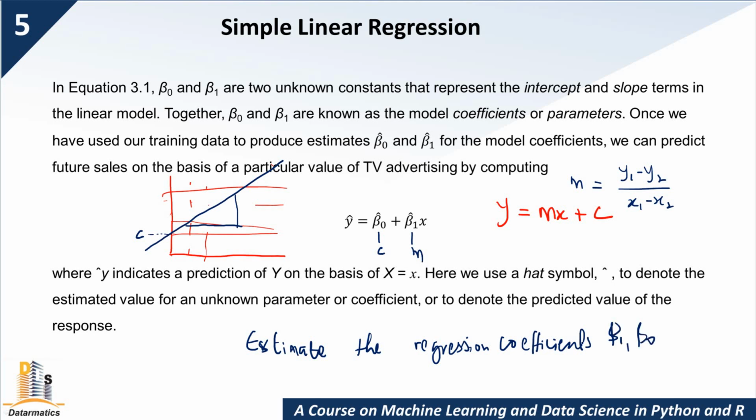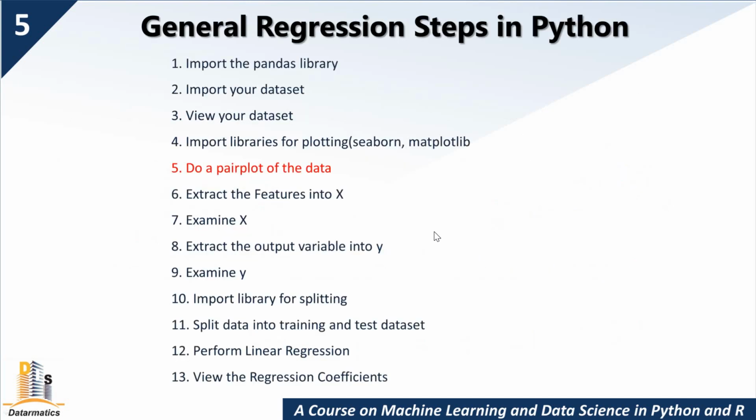So this is what we are trying to do. In case of several parameters, we can have several betas, beta 1, beta 2, beta 3, and so on. But for now, we are taking the simple one. And eventually, we will use Python to find these coefficients.